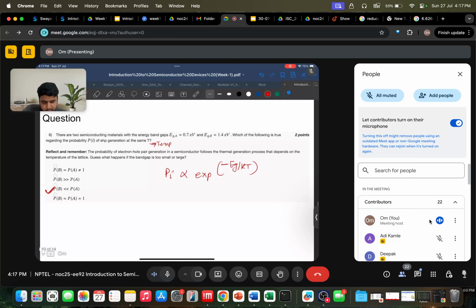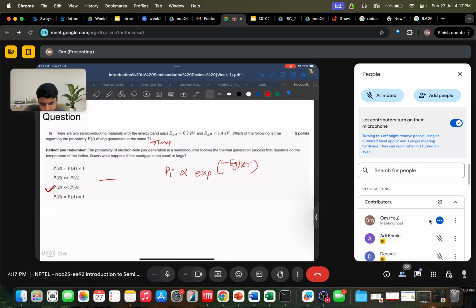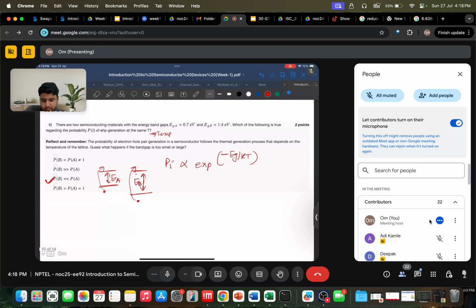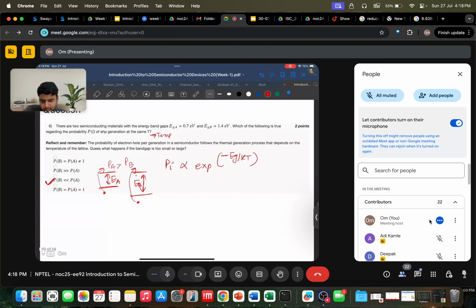Or you can even think about it intuitively. There are two band gaps, EA and EB. When the same energy is given to the electrons in the valence band of both of these, which barrier would be easier to cross? The smaller barrier would be easier to cross. So the probability of electron hole pair generation in A would be much greater than in B, so PB is less than PA.